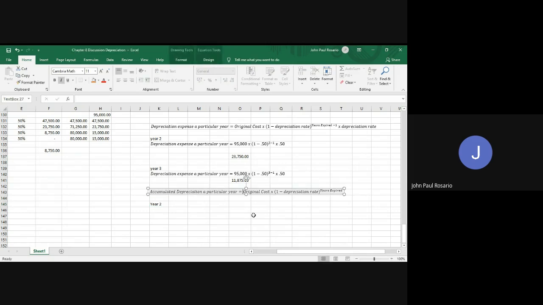So for example, on year 2, wait lang guys, let me imagine muna. Original cost times 1 less.